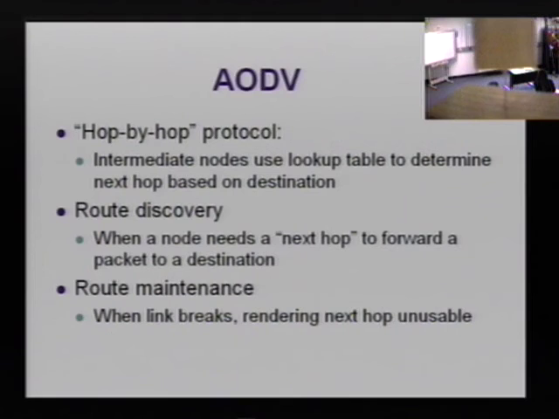AODV is a hop-by-hop protocol, which means that every node just knows the next hop, and it's based on tables. It has very similar route discovery and route maintenance; the idea is also very similar.